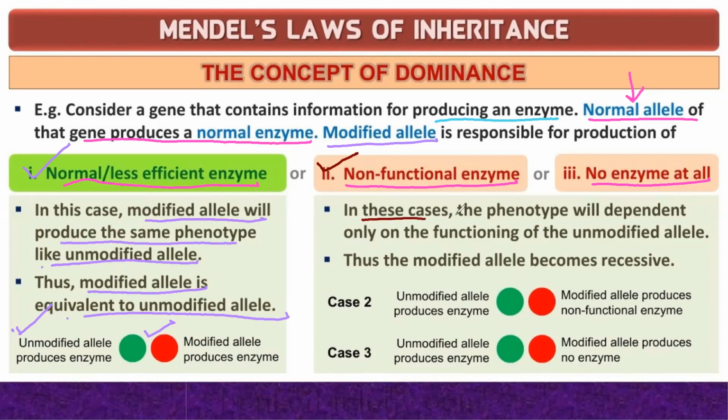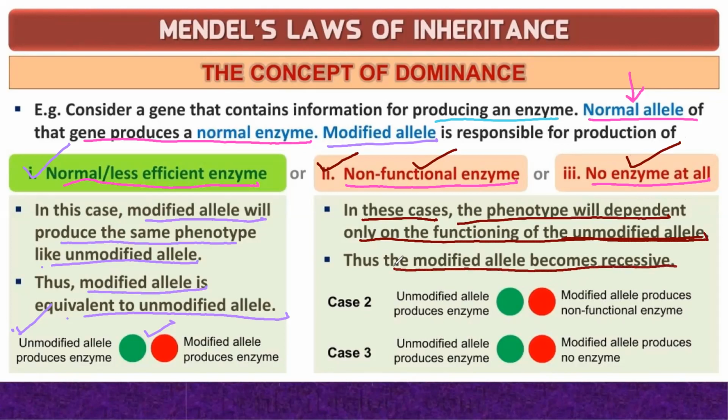In these cases, the phenotype will depend only on the functioning of unmodified gene. So, if the gene is producing non-functional enzyme, or the gene is not producing any kind of enzyme, then a phenotype will depend only on the unmodified, that means dominant gene. Thus, the modified allele becomes recessive in nature.